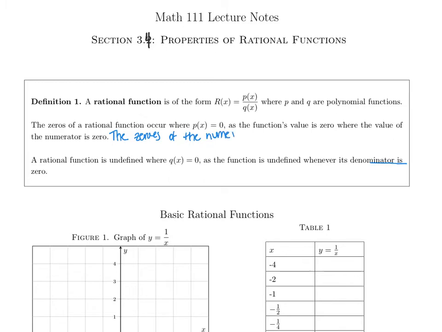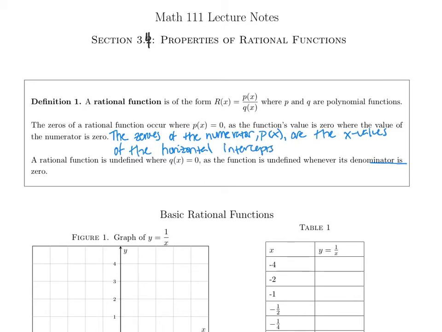of the numerator, so we're talking the top of the fraction right now, so in this case that's p of x, are the x values of the horizontal intercepts.